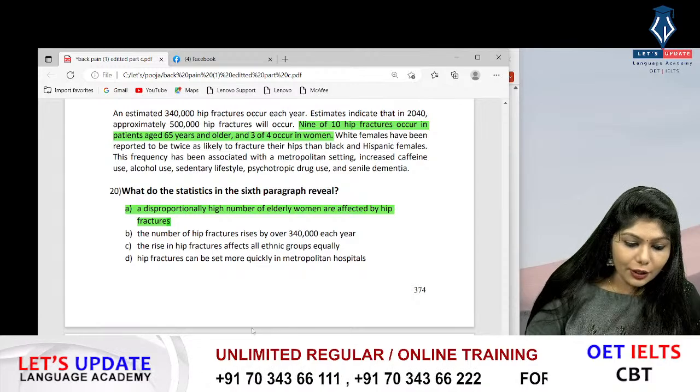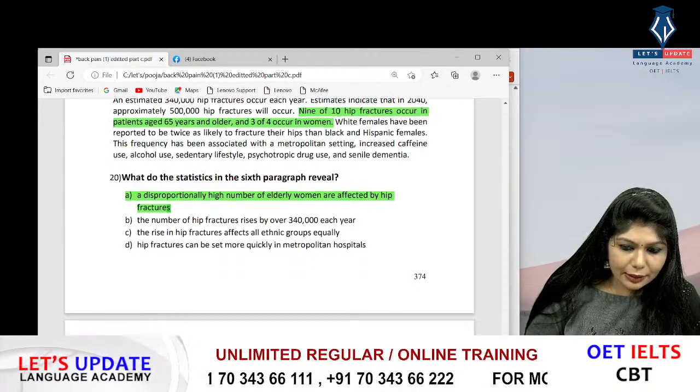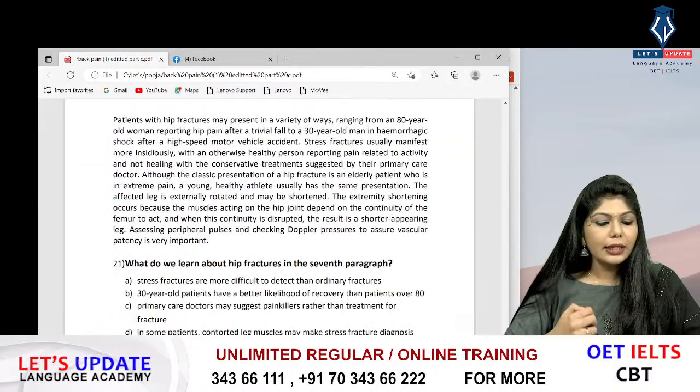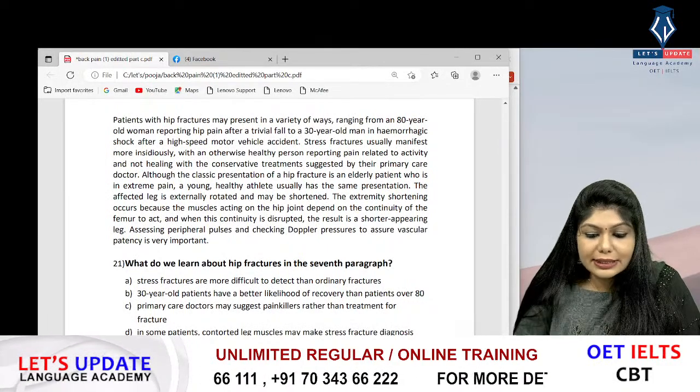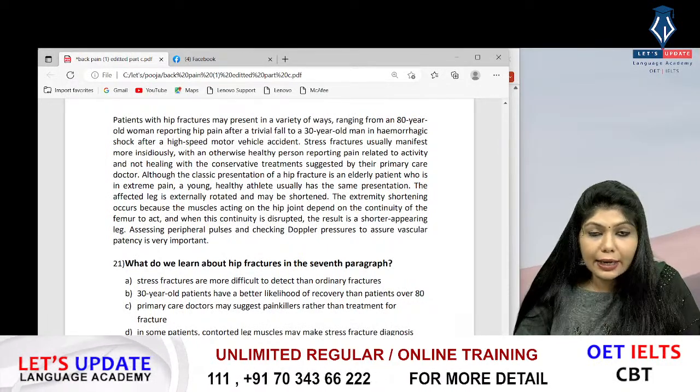So now moving on to the next question, and the question is, what do we learn about hip fractures in the seventh paragraph? Okay, and this is the paragraph.